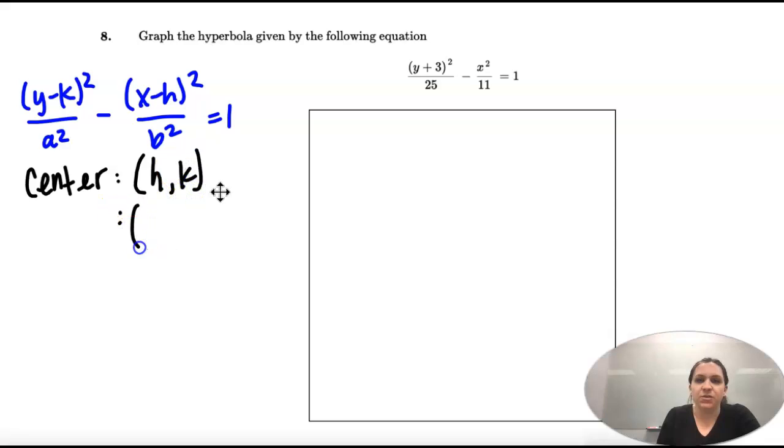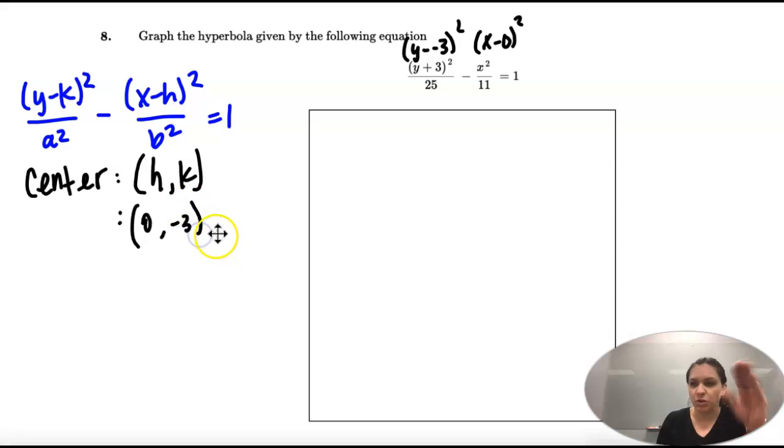Let's get those values. Well, this is y minus -3, and there's nothing by x, so this is actually x minus 0 squared. Okay, so our h value is 0, our k value is -3, so we're shifting down 3.